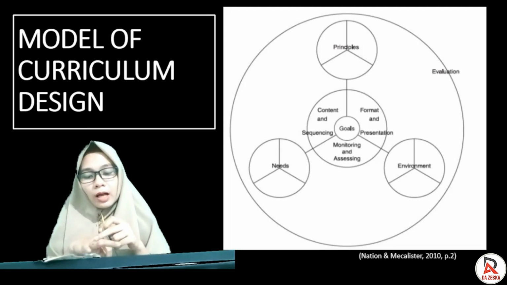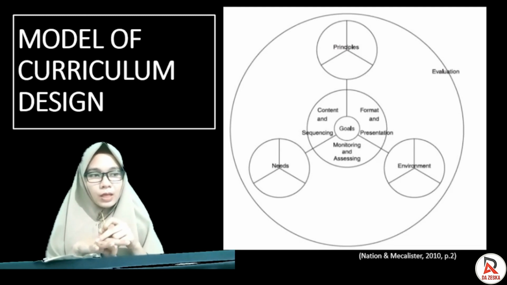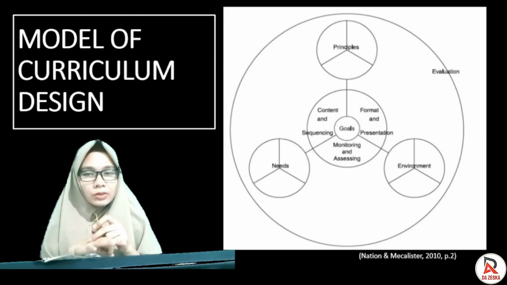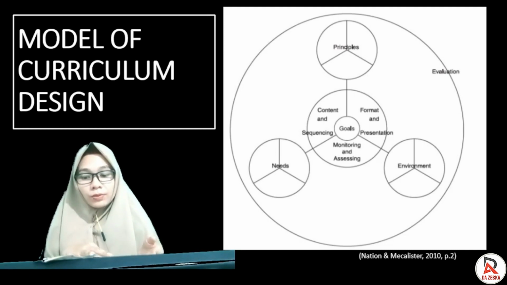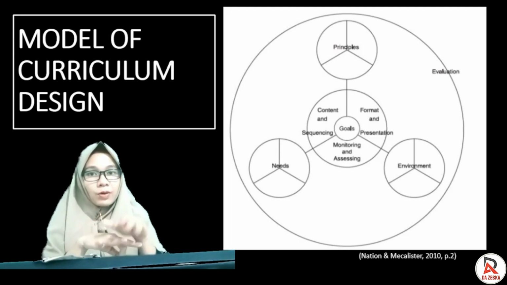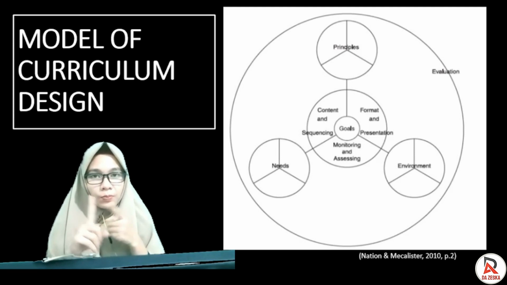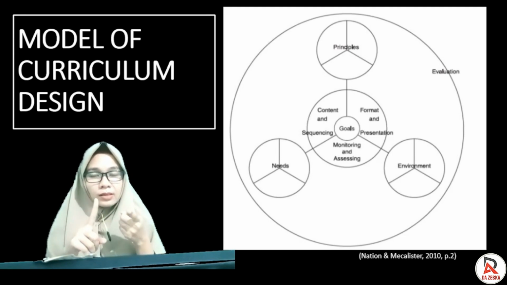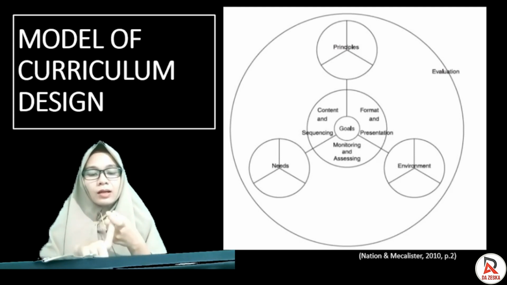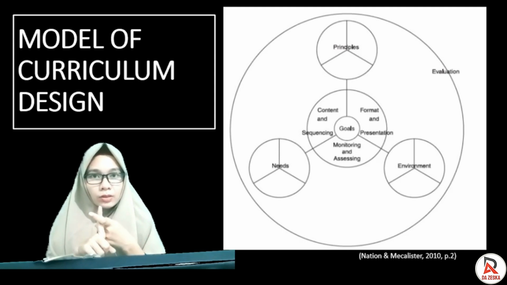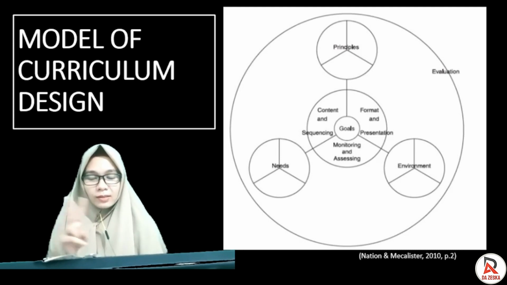So do not ever provide materials that your students cannot understand before having the previous lesson. For example, when you teach simple past, of course the students should understand first about the present, simple present, or present tense.